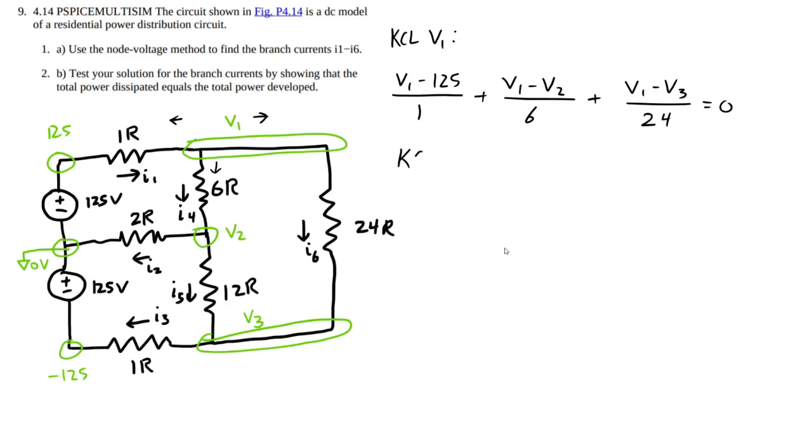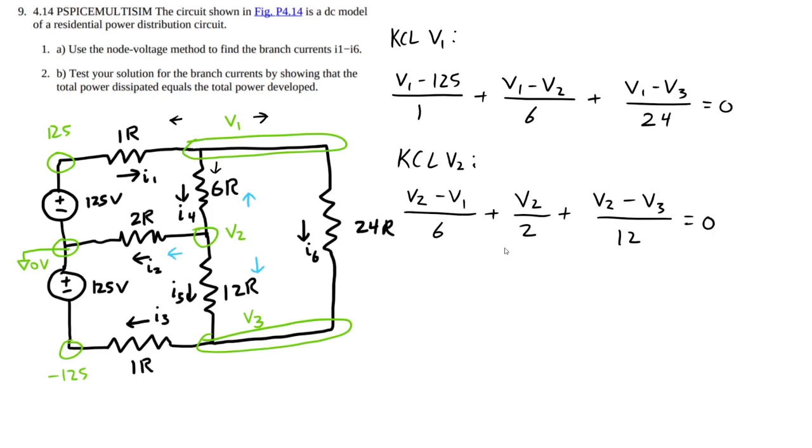Do the same process for V2. I'm going to draw my arrows just so you can work along with me. Alright, so V2 minus V1 divided by 6 ohms plus V2 minus 0 divided by 2 ohms plus V2 minus V3 divided by 12 ohms, all equals 0.